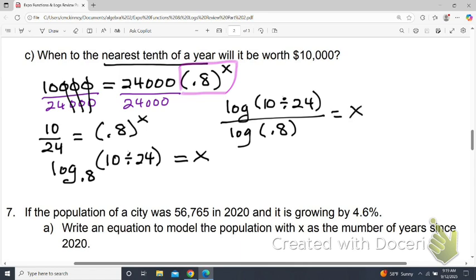And then from here, this is typed in the calculator. So in your calculator, what you're going to type is going to look like this. 10 divided by 24, close the parenthesis, divide it by, press log again, which gives you the parenthesis, 0.8, close it, equal, drum roll, and it's not going to be exact, but to the nearest tenth, 3.9.